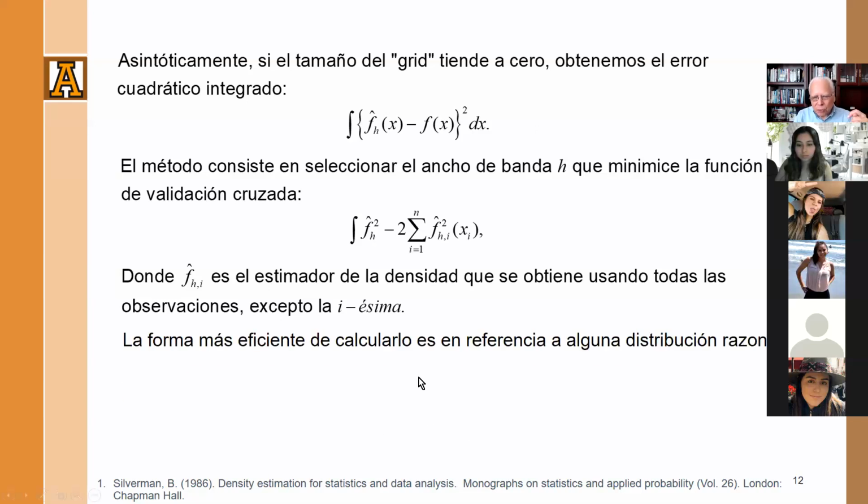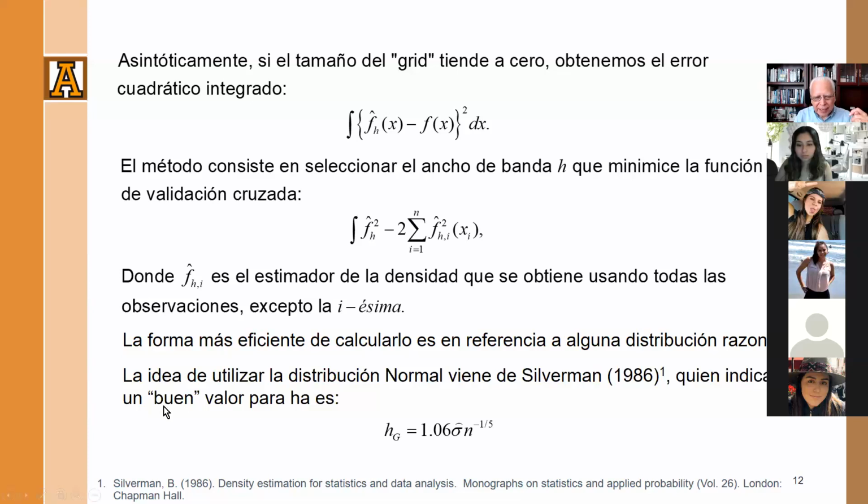The most efficient form to calculate this is the result from Silverman. He found that a good value of h for the kernel density estimate using the Gaussian kernel, the normal kernel, is 1.06 sigma hat, the estimate of sigma from the sample, times n to the minus 1/5.